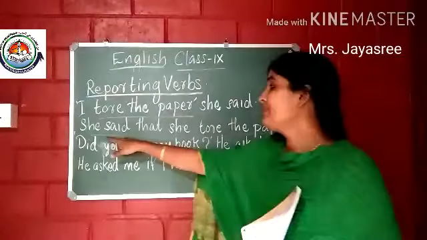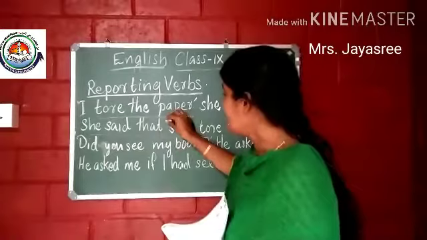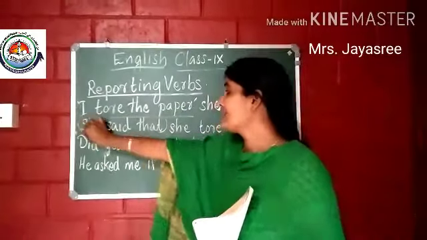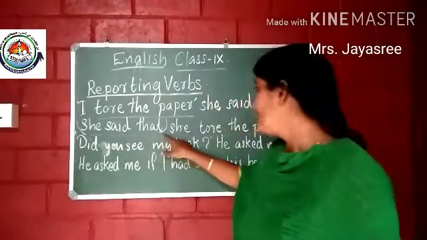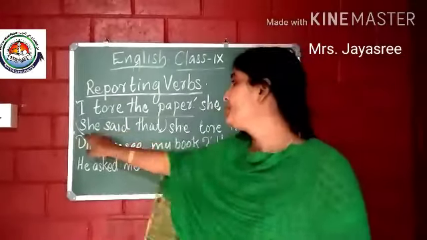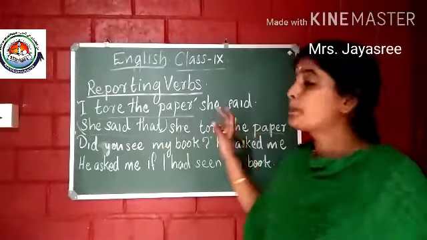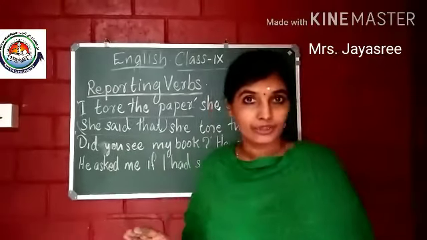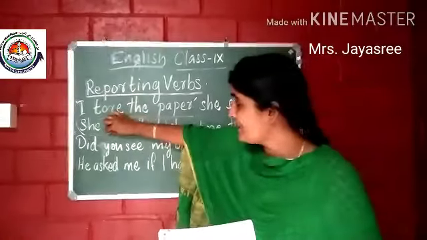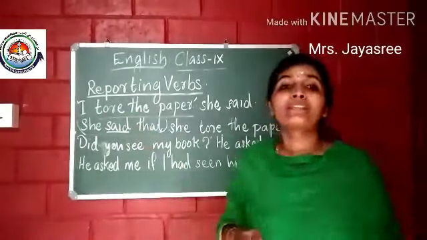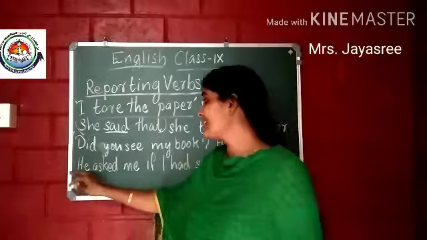Now, continuing, there is another term named the reporting clause. This part, which is not mentioning the dialogue part, is the reporting clause. And there you can see a verb also. That verb is known as the reporting verb. Hope you understood it in the second sentence.